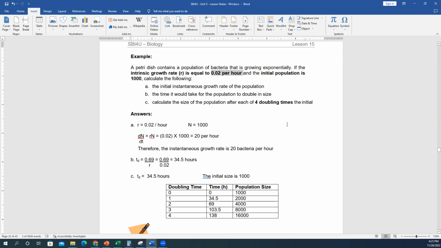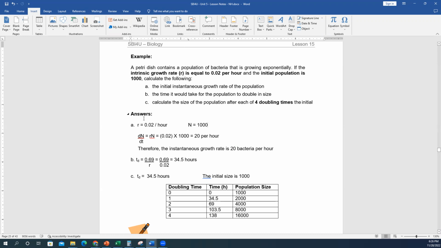So you're asked to calculate what is the initial instantaneous growth rate of that population, what is the time it would take for the population to double in size, and also to calculate the size of the population after each of 4 doubling times of the initial.